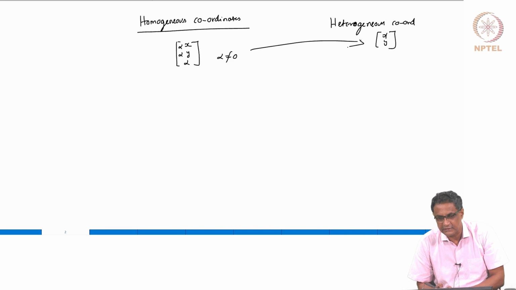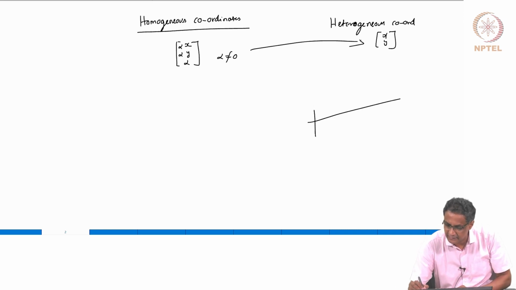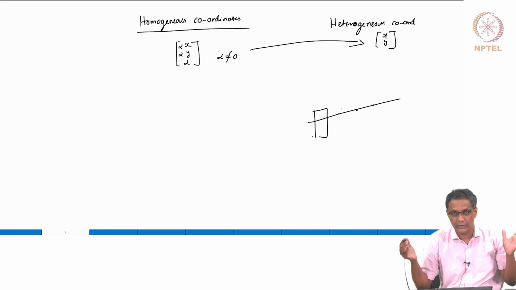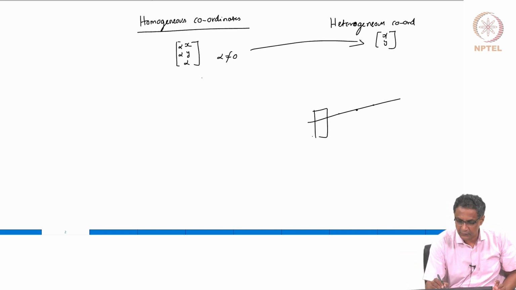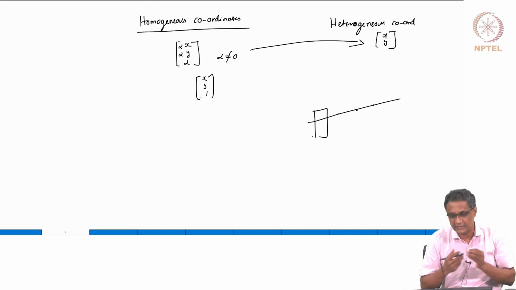So you can think of this as points on a line like this, and then a projection of these points. These are called homogeneous because all of them represent the same x y comma 1. They all look the same except for a scale factor.